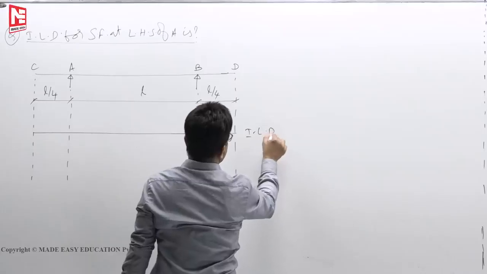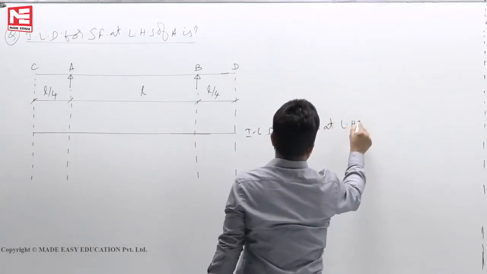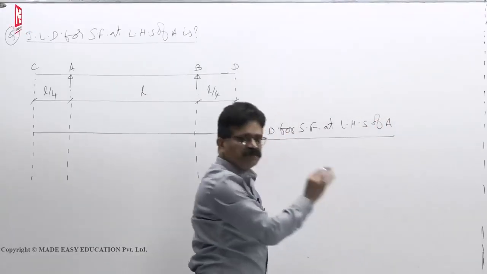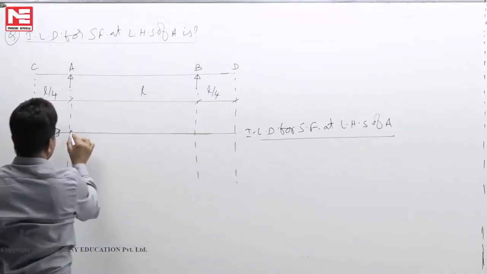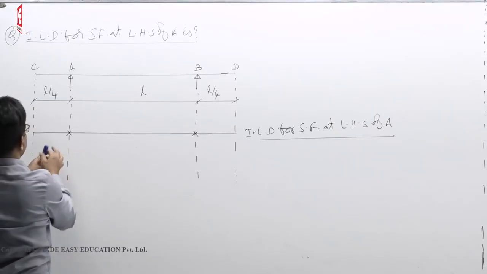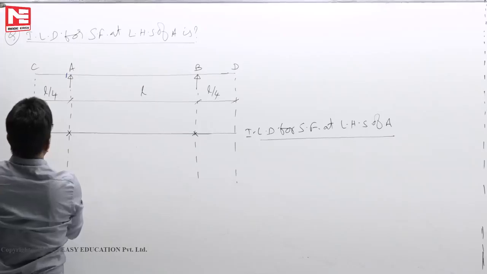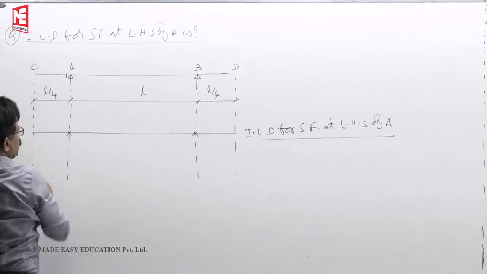This is ILD for shear force at LHS of A. This story we will not write now because we have written it so many times. Without removing the supports at A and B, where do we have to cut? You cut the beam at LHS of A. Now because this is like a free end, it can move up and down, it behaves like a cantilever.